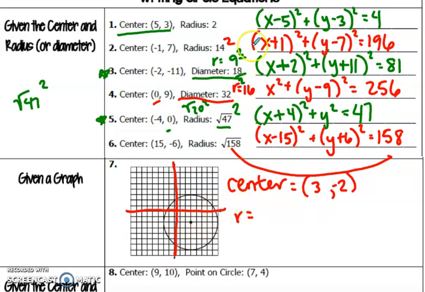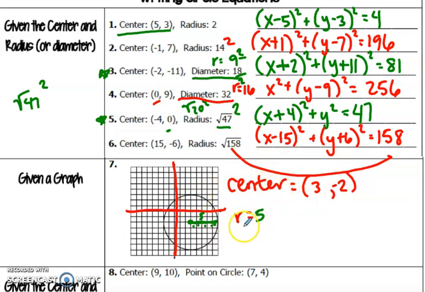The radius of the circle you get from going from the center to a point on the circle. You can go up and down, left or right, but you can't go diagonal, because that's not a straight line that you can count. But from the center to a nice point on the circle, 1, 2, 3, 4, 5, so that radius is 5 units long.